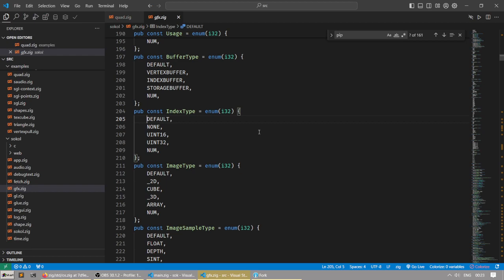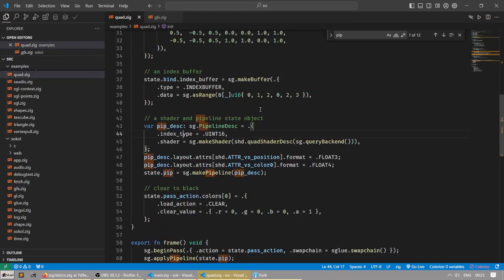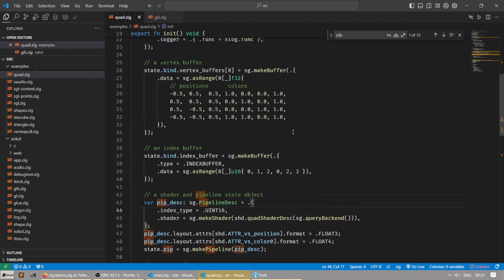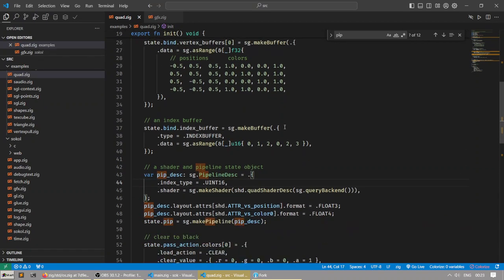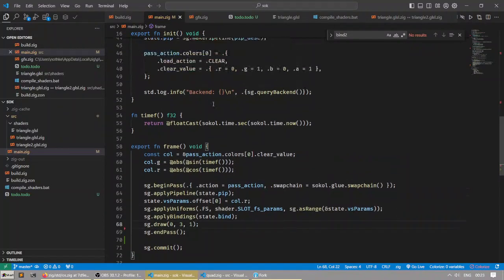I have no idea what the default is. Interesting. But where do I ever actually define whether to draw with elements or with triangles? Or if you just don't have an index buffer, it will automatically draw. This is interesting. Okay. Well, let's try to do that.